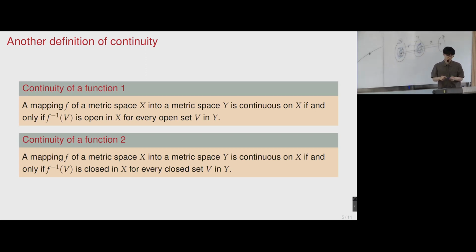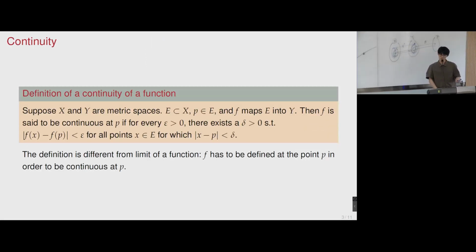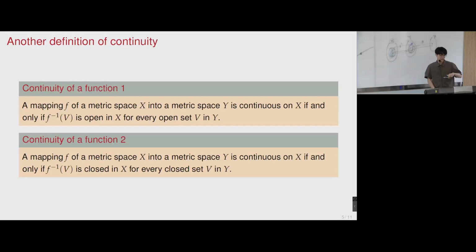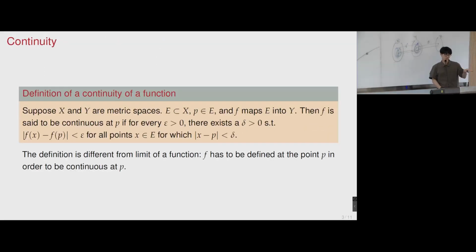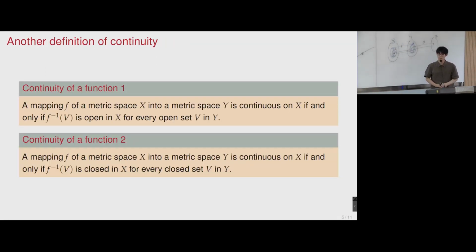Even though it feels so different from the first definition, in the fundamental sense they're both equivalent. Actually, this is a bit more general definition of continuity, to be exact. So we can come from here to the first definition, but it's not very important. The second continuity definition is just similar, except instead of open sets, we say closed sets.